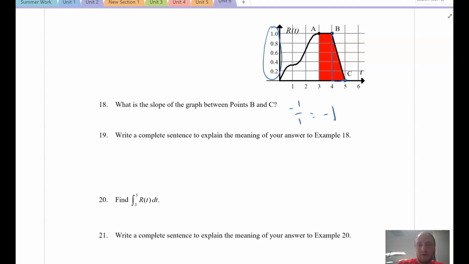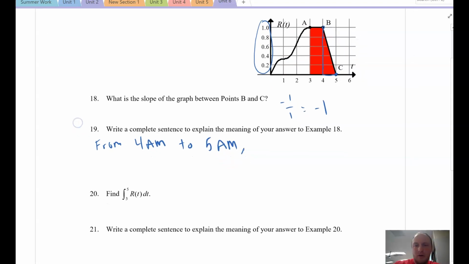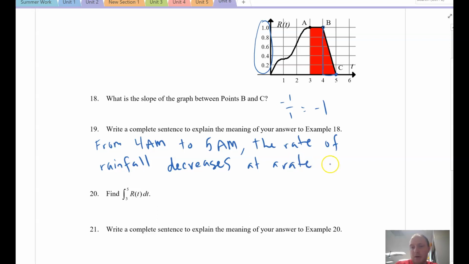So, okay, well, we can say from 4 a.m. to 5 a.m. the rate of rainfall decreases at a rate of 1 inch per hour per hour. Excuse that phone call.